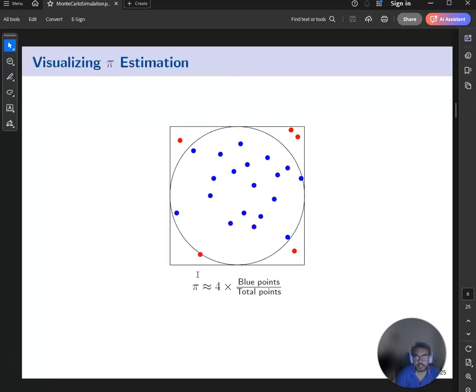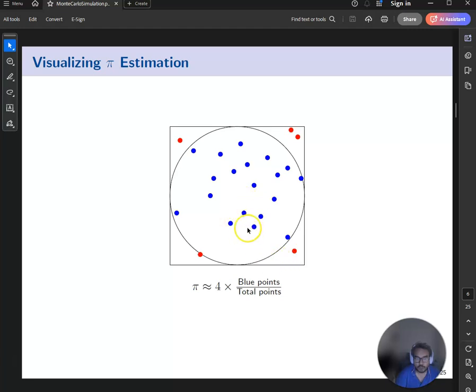Here is a figure where I have taken about 20 points, and I have thrown all those 20 points inside this whole setup. The blue dots are the points that are inside the circle, and the red dots are those that are inside the square but not inside the circle.